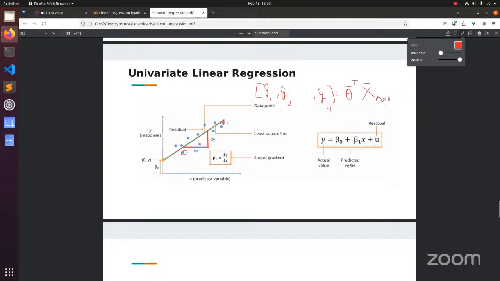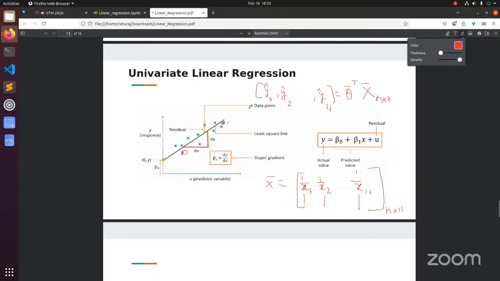What is capital X? You have 11 points: x1, x2, up to x11, and this becomes an n minus 1 degree polynomial for all 11 data points.